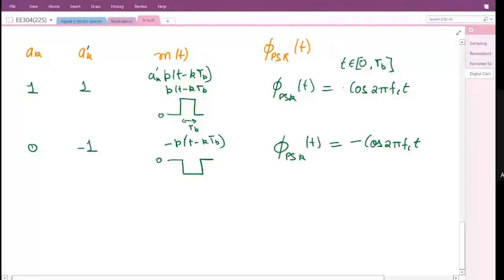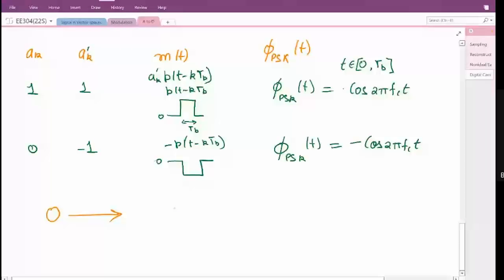Excuse me, sir. Yeah, go ahead. Sir, the previous equation that you erased now, for that, when mt is minus one, then in that case, mt will not be ak prime. mt will be ak only. So then we will write it as mod of mt. Yes, mt would be only ak times p of t minus ktb.